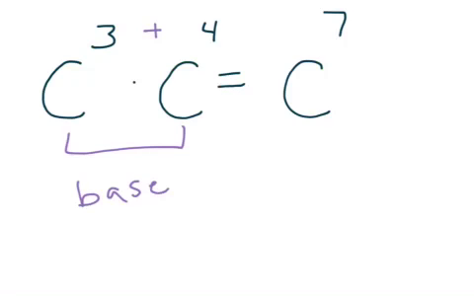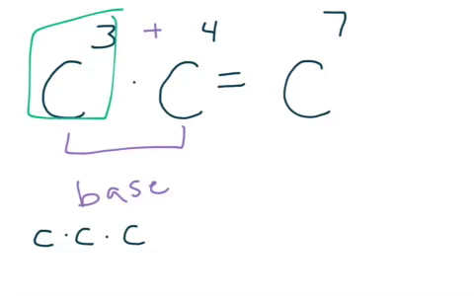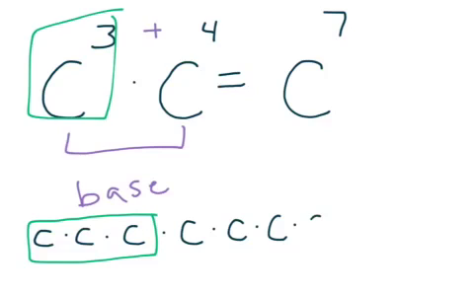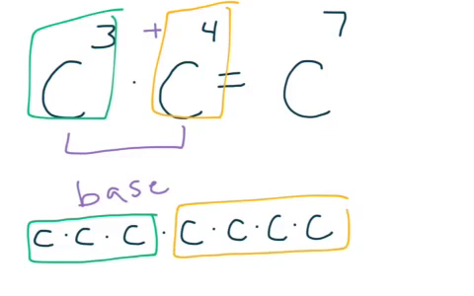But let's write it out in expanded form as repeated multiplication to check. So c to the third is c times c times c. There's our c to the third. And then times c to the 4th. There's our c to the 4th. Let's count them. 1, 2, 3, 4, 5, 6, 7. So that does equal c to the 7th.